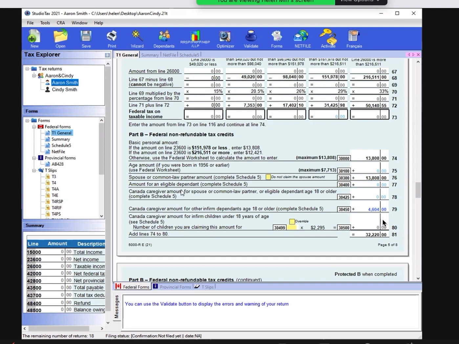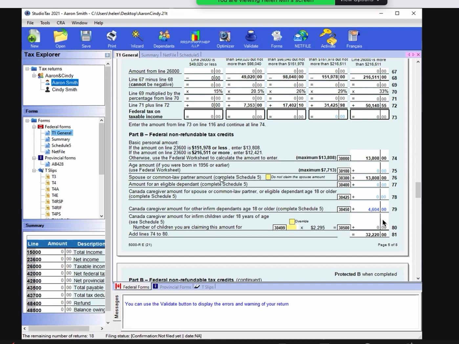Before, she did not put her father as eligible dependent because she thought her father could take care of himself. But now he stays in bed. He depends on her. He does need help. So she thinks her father is an eligible dependent.